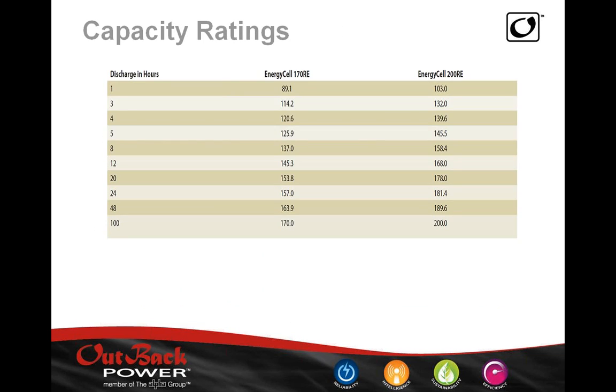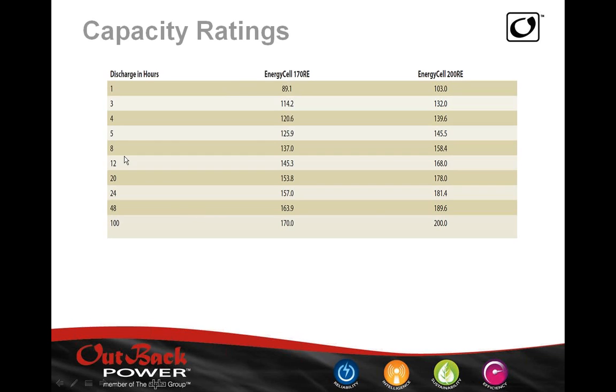Here is a picture of one of our energy cells. Our 200 RE battery, for example, will deliver the 200 amp hours if we discharge it at 2 amps. So 2 amps times 100 hours gives us our 200 amp hours.